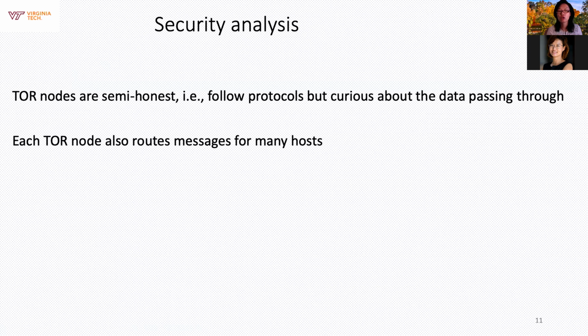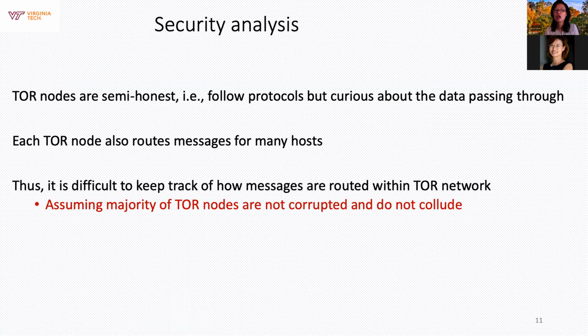Tor routes multiple messages in each node, and this is a very, very important key assumption. Otherwise, if there is only one route, and you see Alice sending something to the Tor network, that must be from Alice. No major corruption and no collusion.